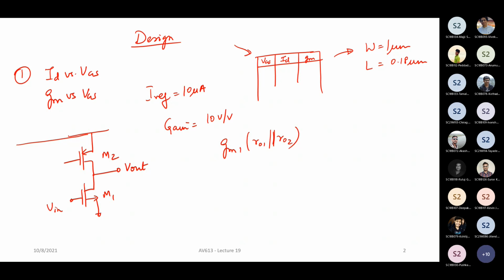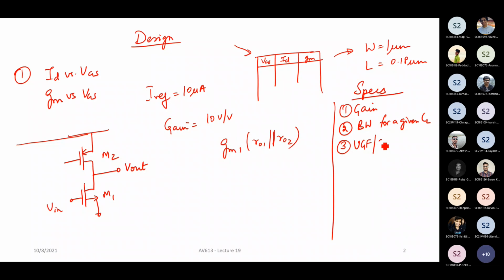Now, there might be different specifications that are given. The first, of course, is gain. It can be bandwidth for a given CL, or UGF or gain bandwidth product for a given CL.